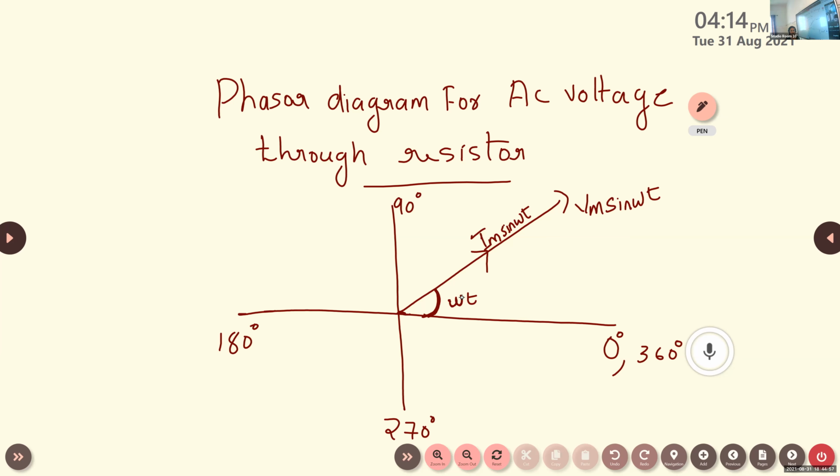In both cases, in the case of alternating source of EMF and in the case of alternating current, in the case of a resistor, the phase angle will be the same, that is equal to omega t. That is why we say that alternating current and alternating voltage are in the same phase. Okay, so it is rotating through a particular angle omega t. It is represented like this. Since the current is along the same phase, we can represent the value of current with the same arrow, Im sin omega t and Vm sin omega t.